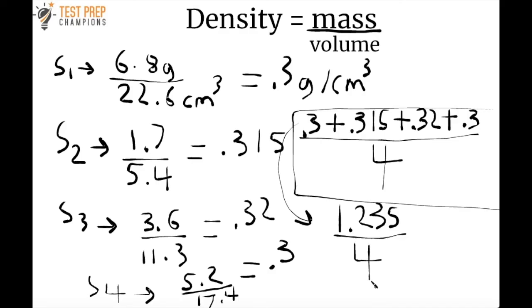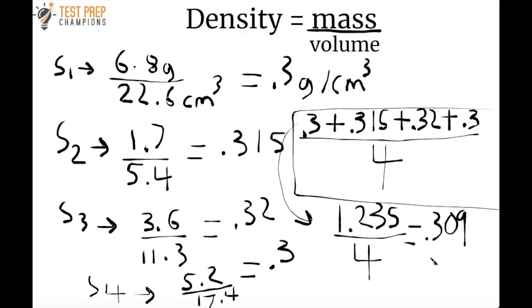So let's do 1.235 divided by 4, and your answer should be about 0.3. I have 0.30875, so we can say that's 0.309.